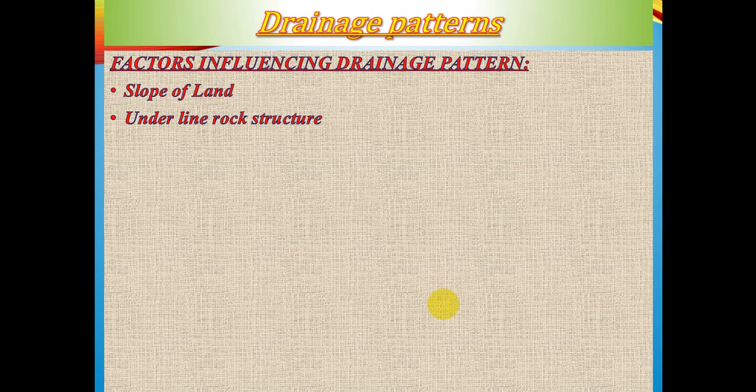If it is igneous in structure, the rivers will not find it easy to erode. If it is a sedimentary tract, then it will be easily eroded. Metamorphic, as it is a transition, can be easily eroded, or it can be difficult to erode by river water. So it basically indicates the underlying rock structure.